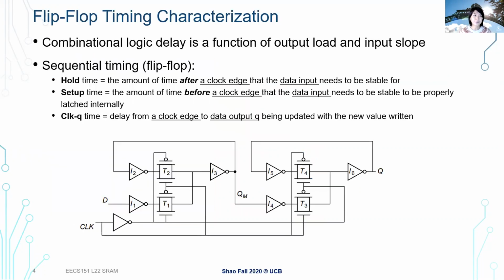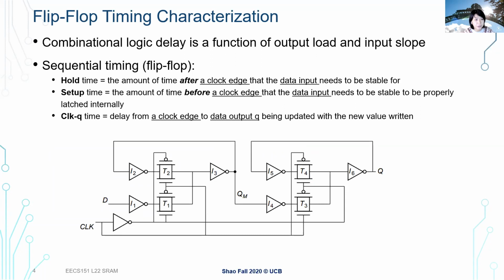So with that, just a quick recap. We talked about flip-flop timing characterization, and there are three important timing constraints we need to consider when we start thinking about flip-flops. It's basically related to the relationship between the input and the clock, and the relationship between the output and the clock, those two pairs.